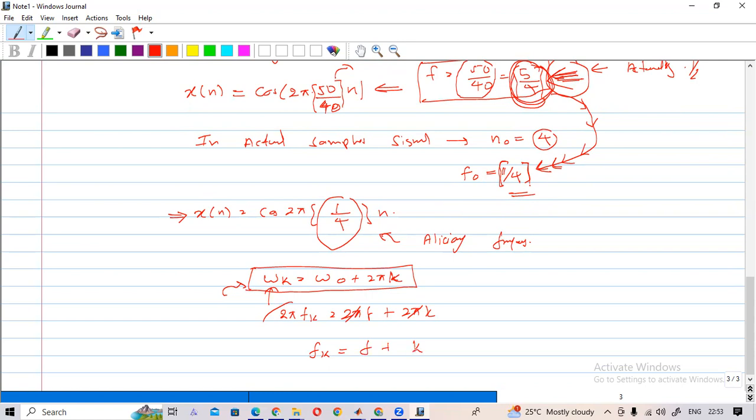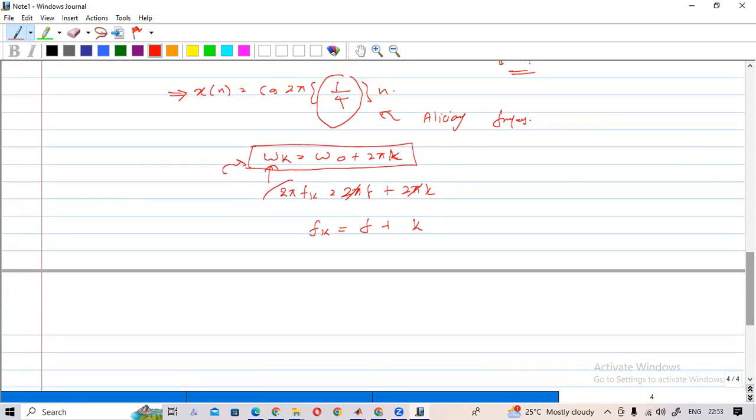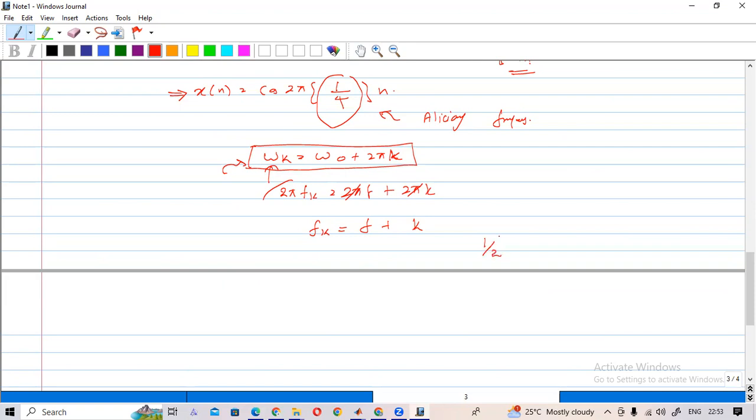So now, for example, if you have a frequency of half plus k, this k can be any integer. It can be 1, it can be 2, anything. So half plus 1, you will get 3 by 2.